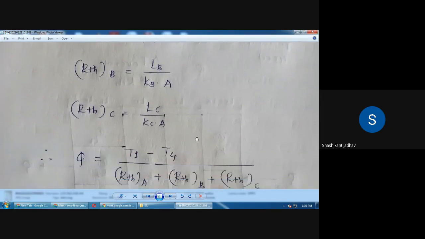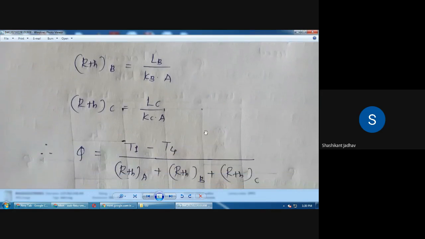Okay. So by using this term, how to write that equation? Q is equal to what? Q is equal to T1 minus T4 divided by thermal resistance of plate A plus thermal resistance of plate B plus thermal resistance of plate C. Okay, so this is the standard equation for the heat transfer if three slabs or three layers are there.